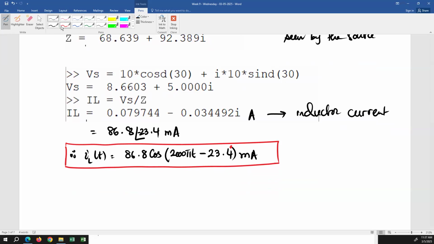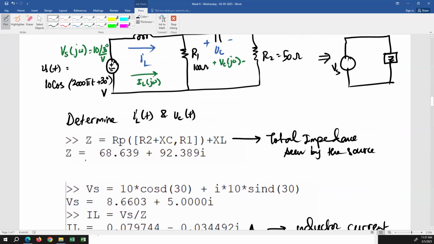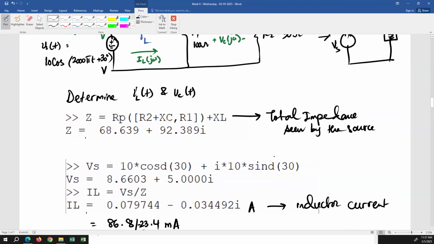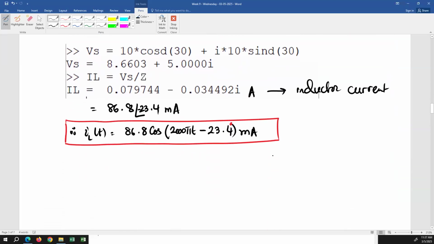Now we go to the capacitor voltage. So we know this current is going to be divided into R1 and then impedance R2 plus XC. So let's calculate what is the current going through the impedance R2 plus XC using current division.